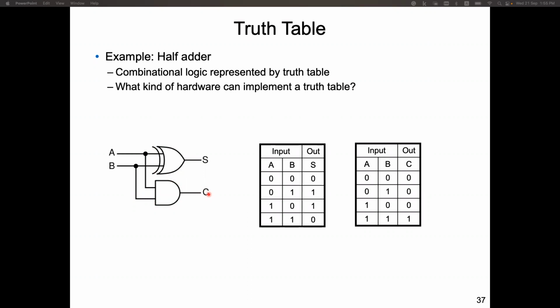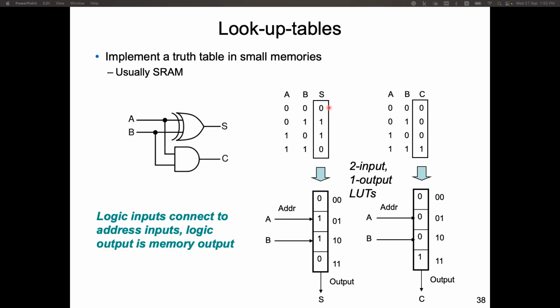In FPGA, we use a lookup table to implement such functions. Here is the way. We have a small memory, say 1 by 4, or 4 rows of memory.